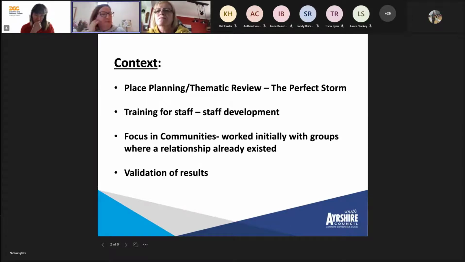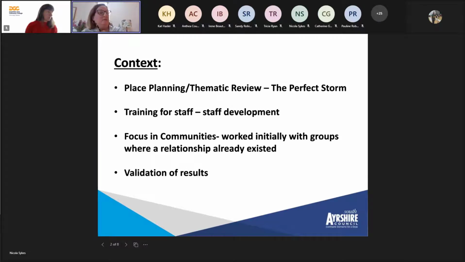So before these two things came together, Irene actually came down to South Ayrshire and did a workshop with staff who were going to be involved in the thematic review and the place planning approach. So we had an overview of the Place Standard Toolkit. It's probably worth saying, from a community safety point of view, we were really well aware of the impact of place and how people perceive the area that they live in on their individual lives and as a community.